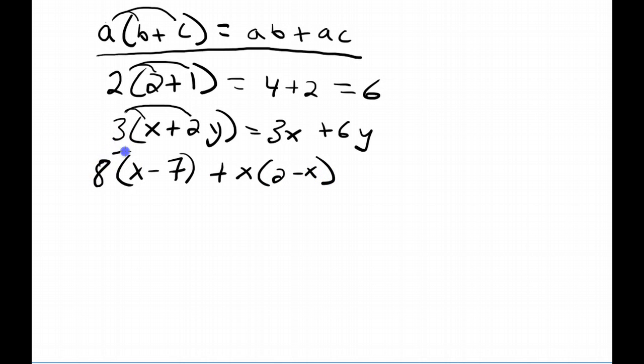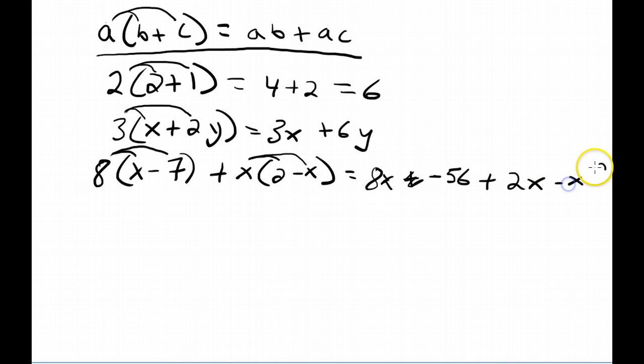Here we're going to distribute, of course, as we have been, and in this second set as well. So here we have 8x from the first set minus 56 plus 2x minus x squared.